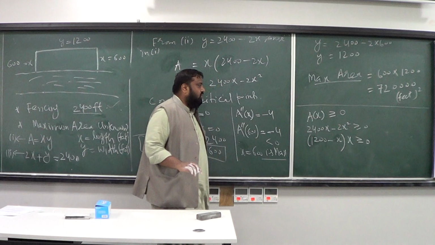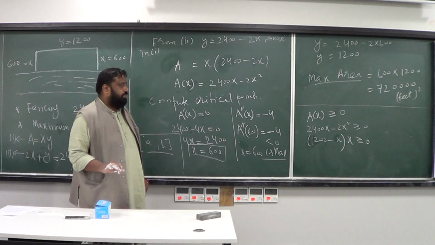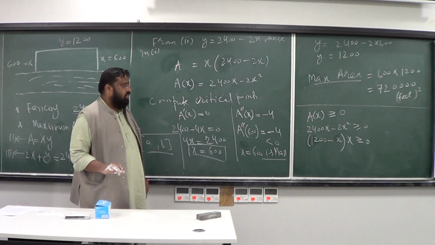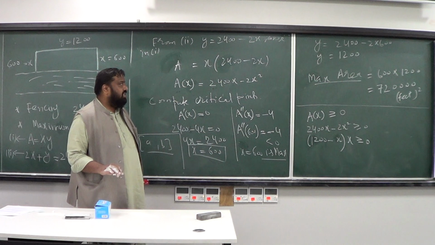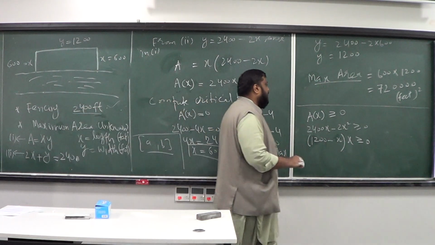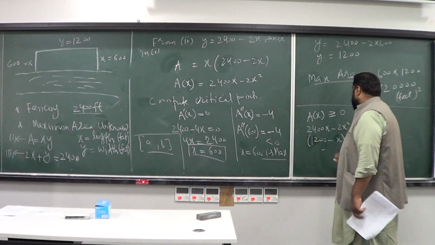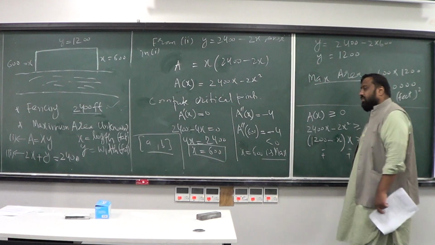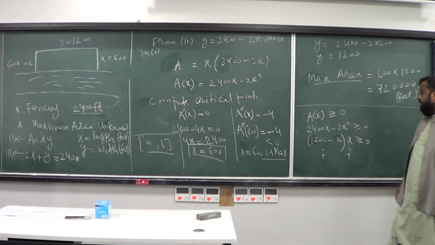So you want these two quantities to be greater than or equal to 0. Now, under what conditions can these two quantities be greater? They can be greater under two possibilities: either both are negative or both positive.